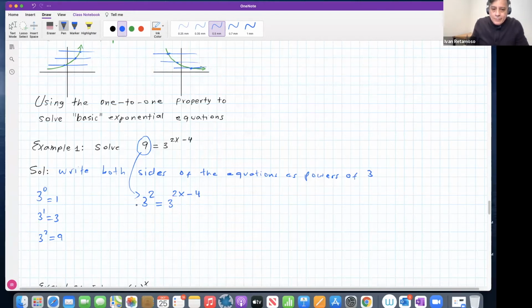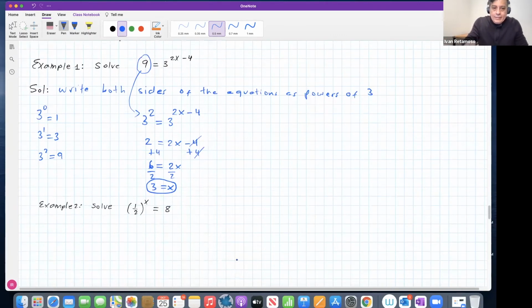So somehow you forget about the bases, just set the exponents equal to each other. This way, right? And believe it or not, guys, this will allow you to solve this equation. 2x equal 6, and dividing both sides of this equation by 2, we get that x finally equal 3, right? 3. And that's it. We are done, right? We use the one-to-one property of the exponential function. We were able to solve this basic exponential equation.